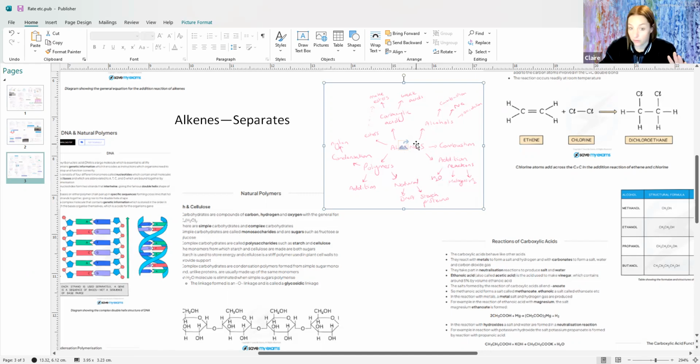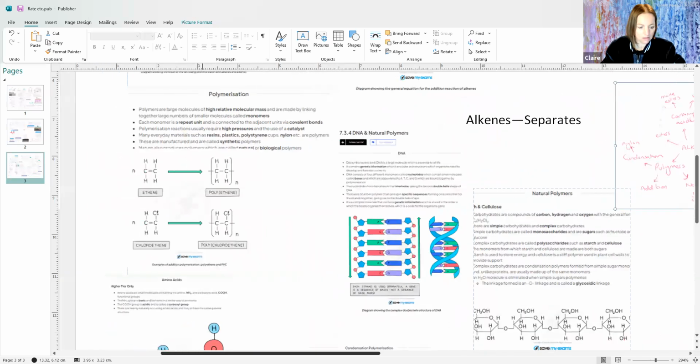This is linked in your functional group, so you can build up and create alcohols by combustion, sodium oxidation, carboxylic acids, how we make weak acids and esters, and then it goes on to polymers, how to create polymers, natural ones, DNA, starch, proteins, as well as addition polymerisation and condensation polymerisation to create nylon. Okay, so that's kind of like a really summarized version of everything you need to know about alkenes.